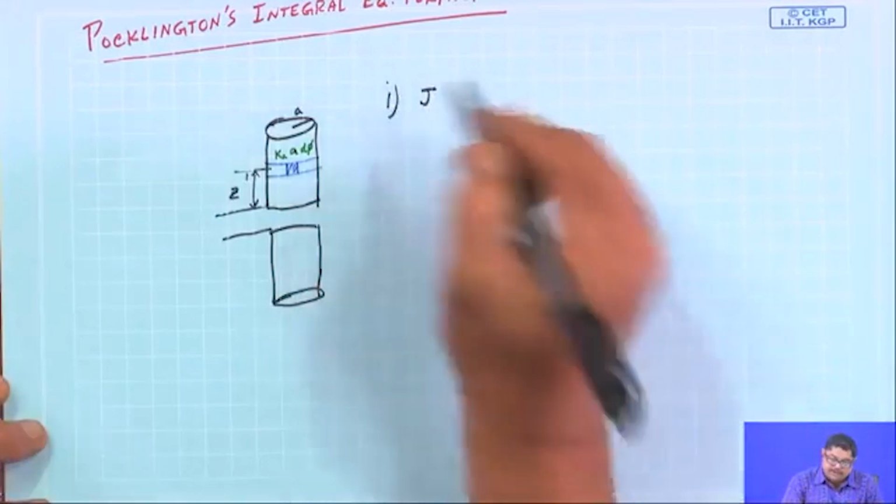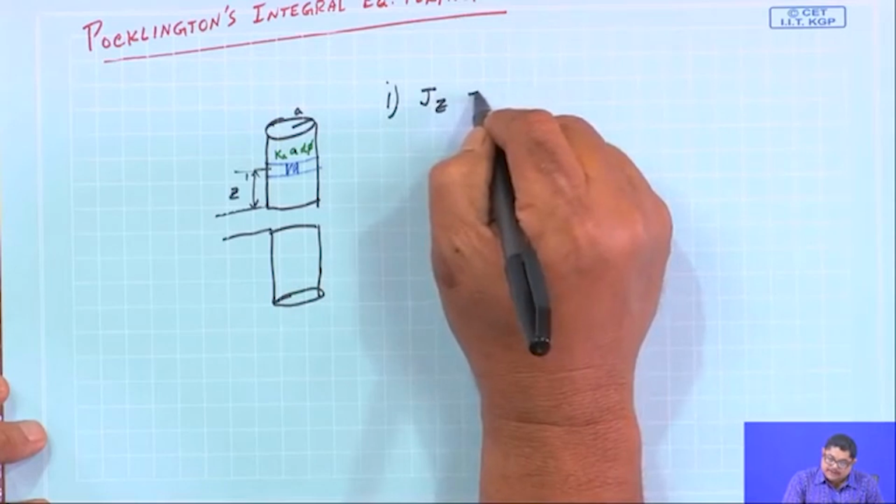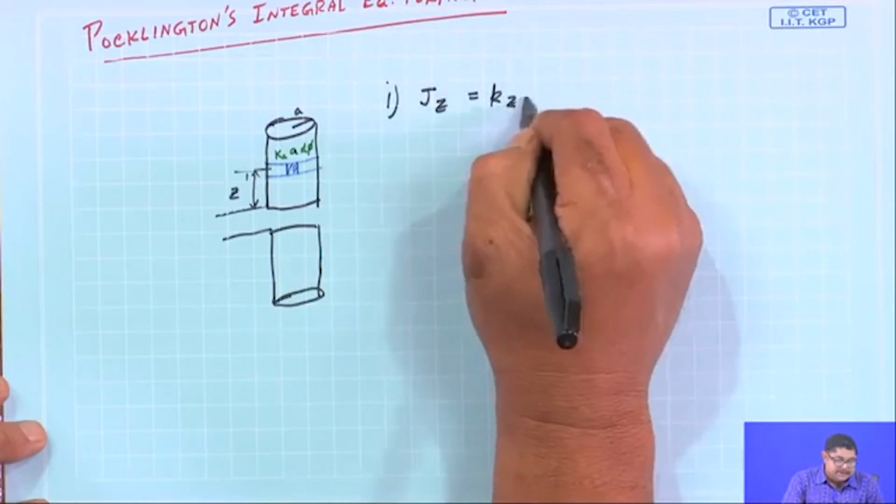So, the first assumption is that the current density J is on the surface. So, it is called K z.